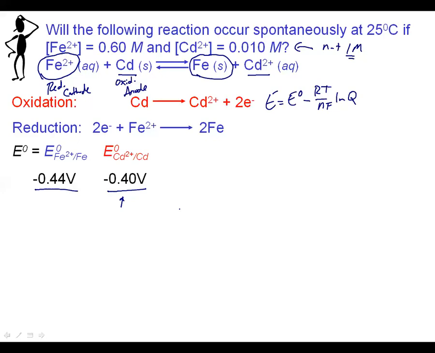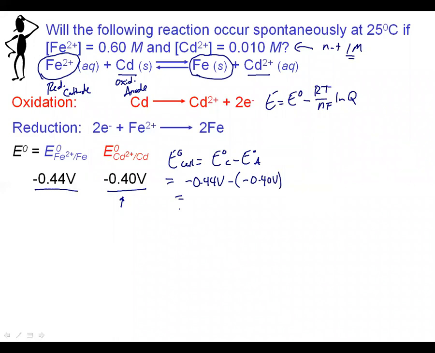So to calculate E of the cell under standard conditions, we're going to take cathode minus anode. I'm subtracting, so I'm not going to change any of the signs. So our cathode is our iron, which is minus 0.44 volts, minus our anode, which is minus 0.4 volts.